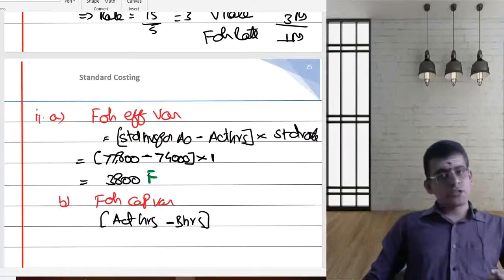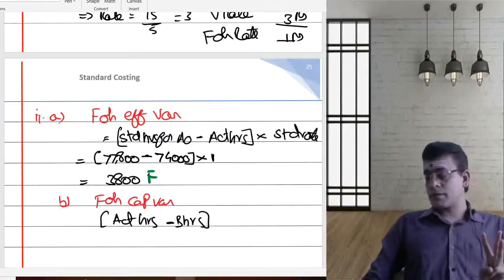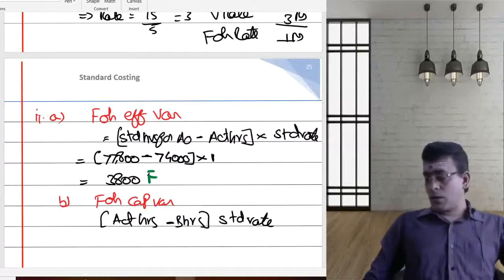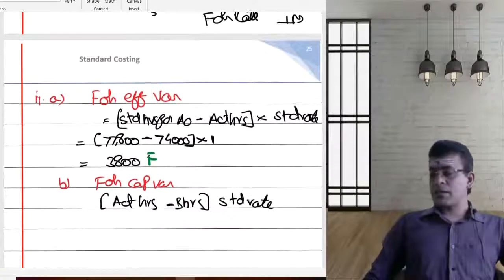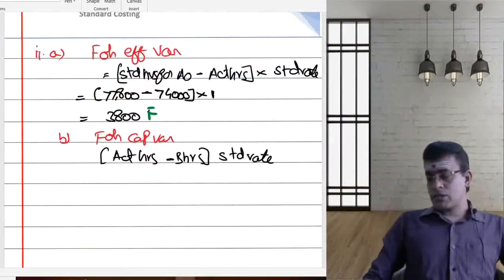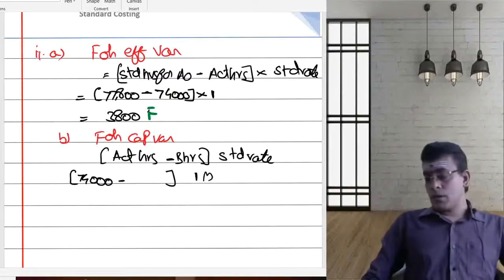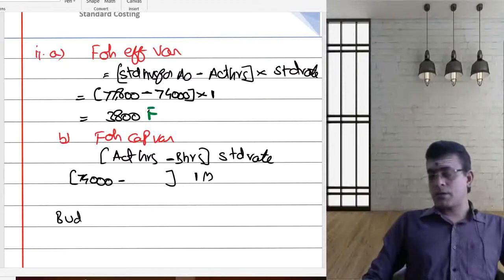Like efficiency variance, capacity variance forms part of your volume variance, and always I have to multiply with the standard rate. Apart from budgeted hours, everything is there. We know the actual hours to be 74,000. Budgeted hours is the only thing I am supposed to calculate. This entire thing should be multiplied with my standard rate, which is 1 rupee per hour.